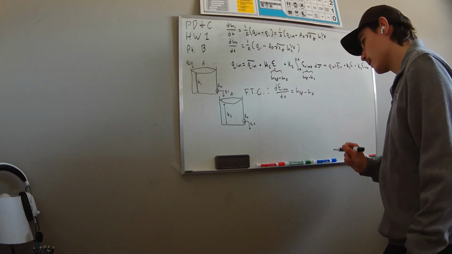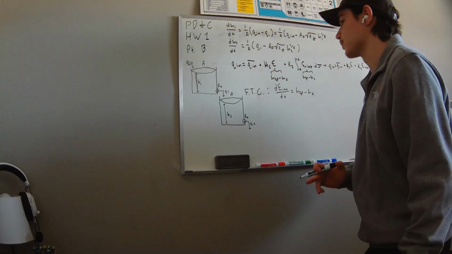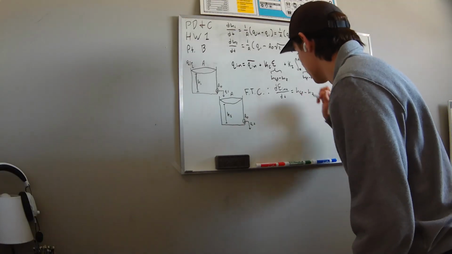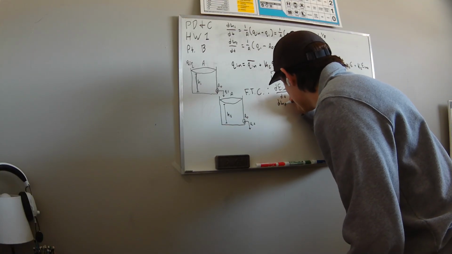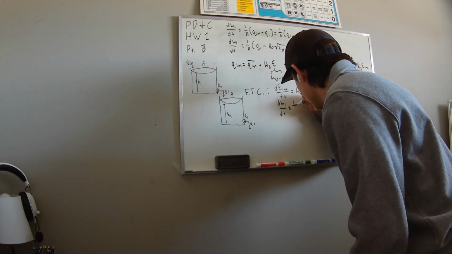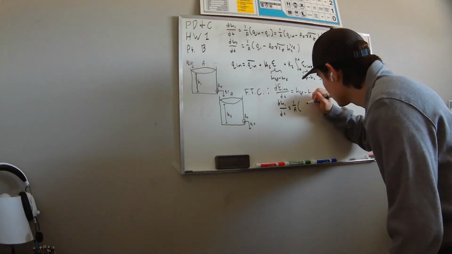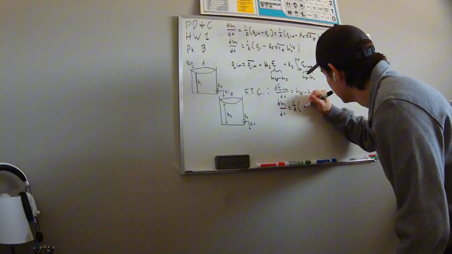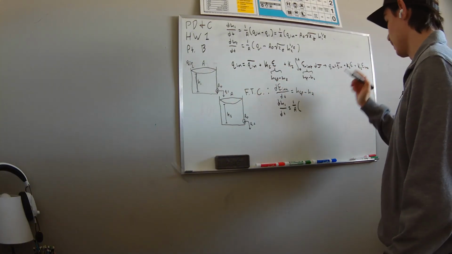From here, we can find our governing equations for our proportional integral system, which are going to be dH1 dt equals 1 over A times Qin, which we're now going to sub in with this big equation right here.